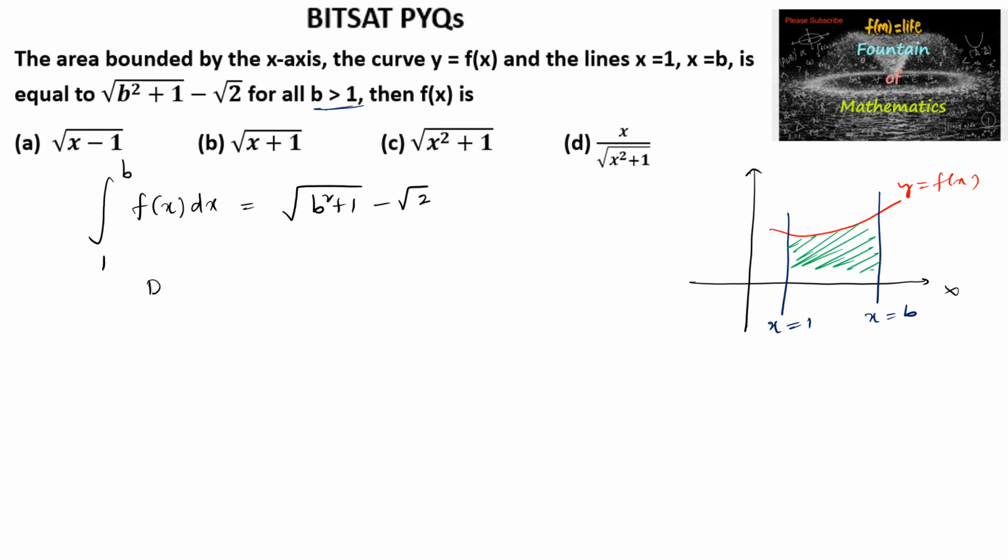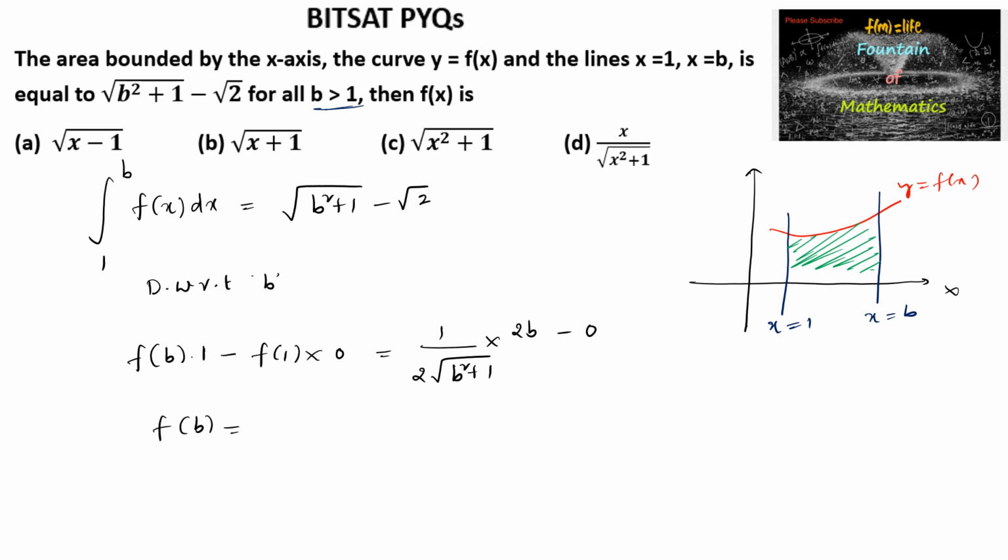So differentiating with respect to b, so we can write by using the Leibniz rule, f of b into differentiation of b is 1 minus f of 1 into differentiation of 1 is 0 is equal to 1 by 2 root of b square plus 1 into differentiating b square plus 1 is 2b minus 0.